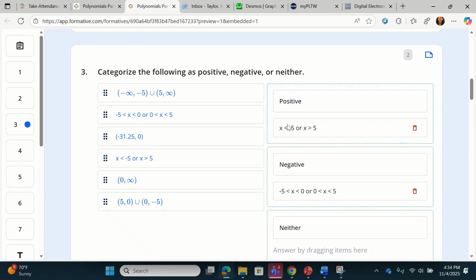Now the others are going to venture into the interval notation. And you could probably do some mix and match here. So for example, what is this? This is actually backwards. So we've got to classify that. I think that's a mistake on my part.